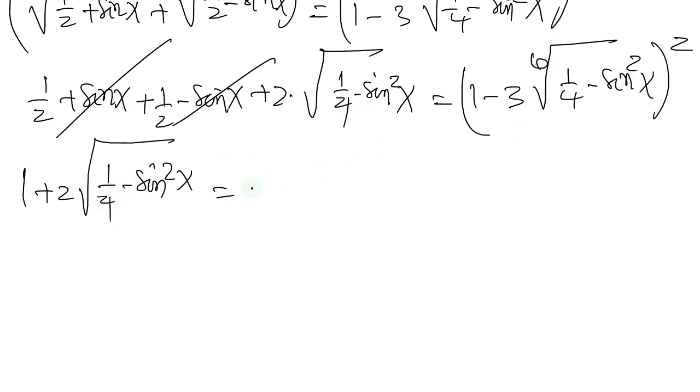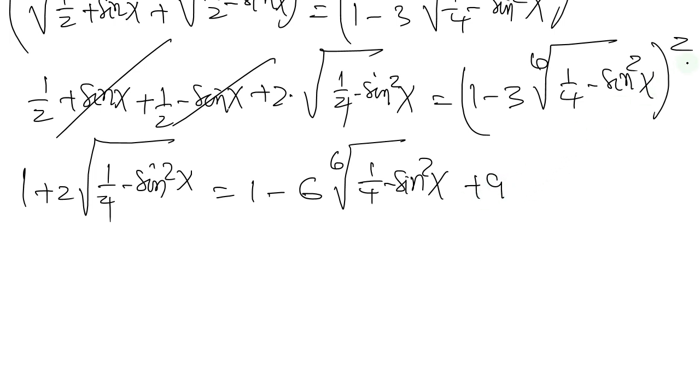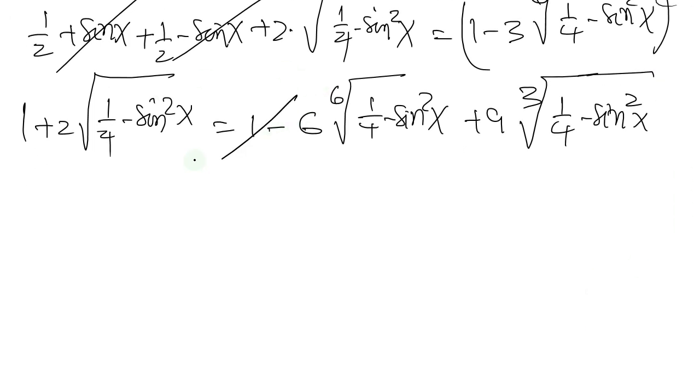And this one to the power of 2 is 1 minus 6 times the 6th root of 1/4 minus sine square of x, and then plus 9 times, to the power of 2, which simplifies to the cubic root of 1/4 minus sine square of x. So from here I'm going to simplify this and this.